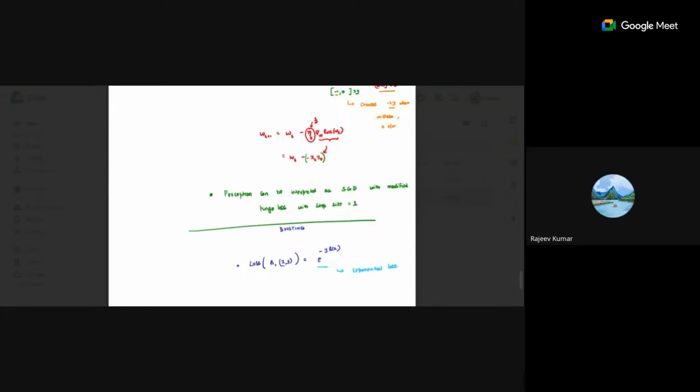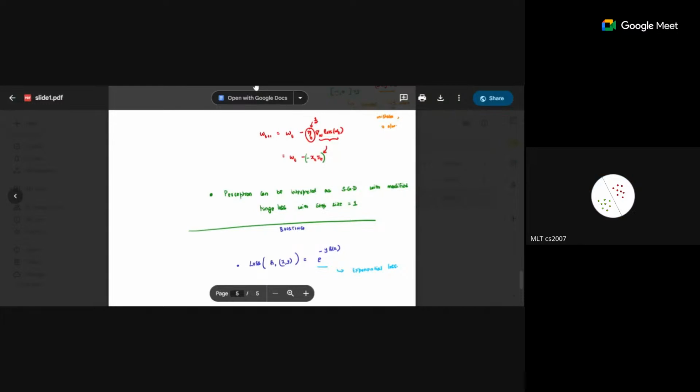But in perceptron, you take a data point and if the perceptron classifies it correctly for the given weight, then you won't make any weight update. But if it misclassifies, then you will add or subtract the data point. So that's what this function also does.